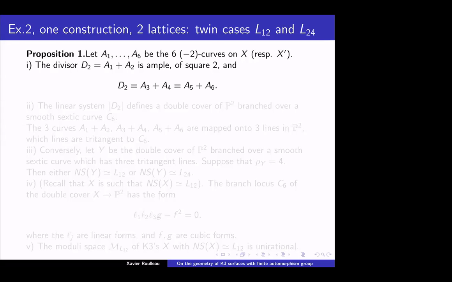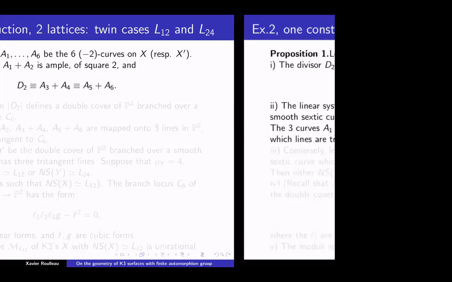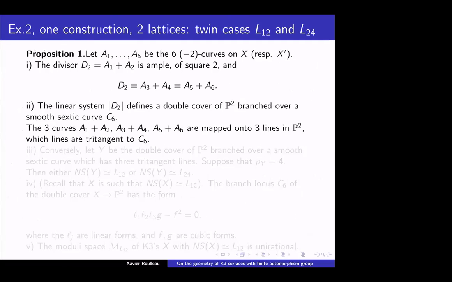So the divisor D2, which is the sum of A1 plus A2, is ample of square 2, and you have the linear equivalence, D2 linearly equivalent to A3 plus A4, and also to A5 plus A6. So that gives you that the linear system is base point free.